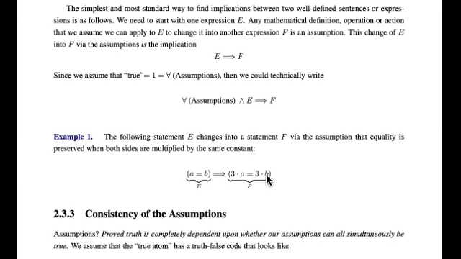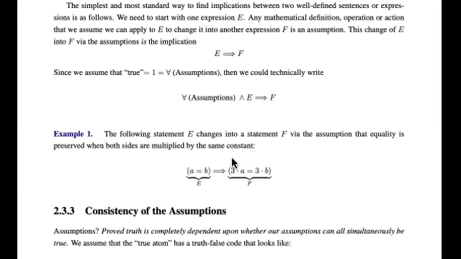Well, here's an example. Okay, so we're going to use an assumption that equality is preserved when both sides of an equation are multiplied by the same constant. So suppose we have an expression here, or a statement here, a statement E. This is an equation, but a statement E. And let's add to that the assumption, or all the assumptions.